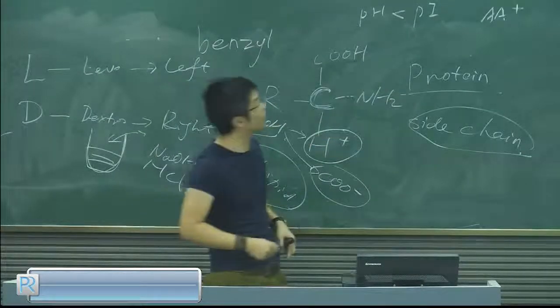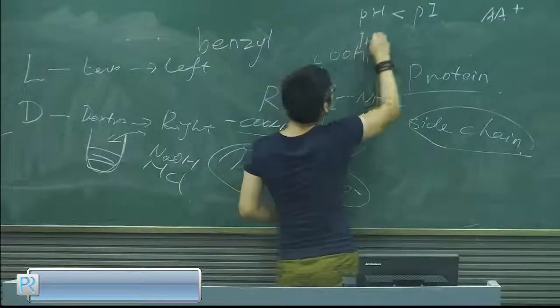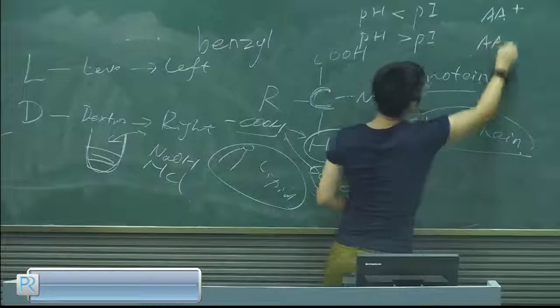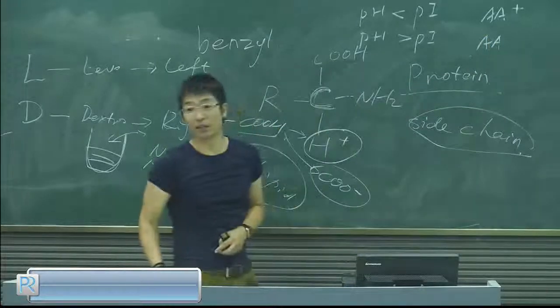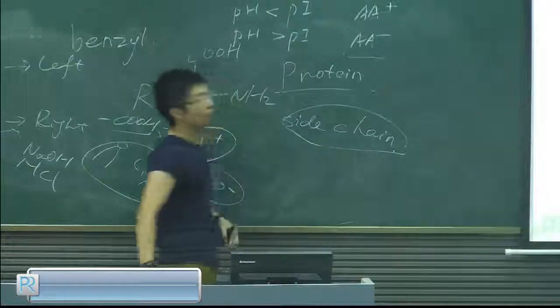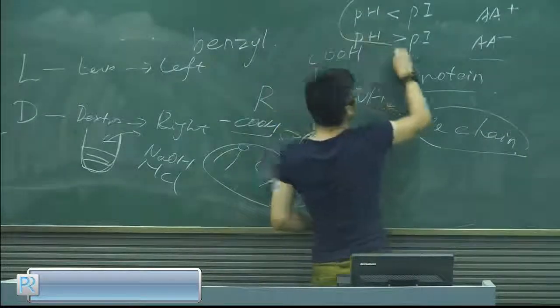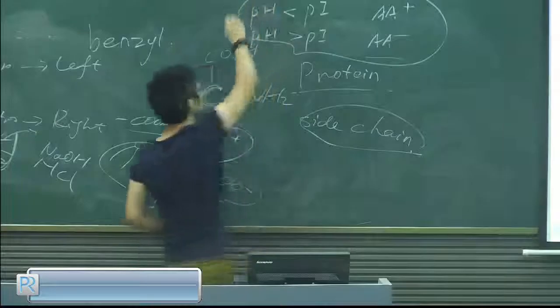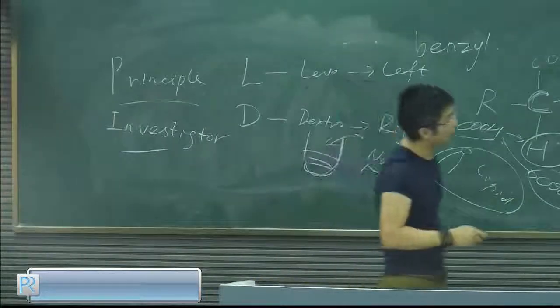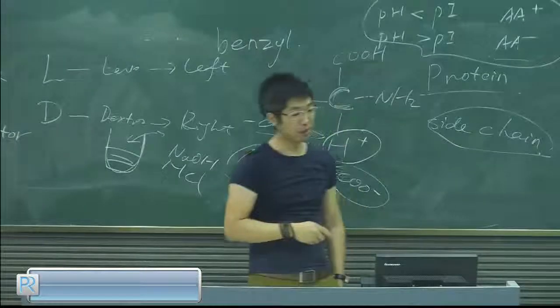So it's positively charged. But if the pH is more than the PI, is the amino acid negative or positive? Yes, negative charge. So here is the PI definition for the different forms of this specific amino acid.